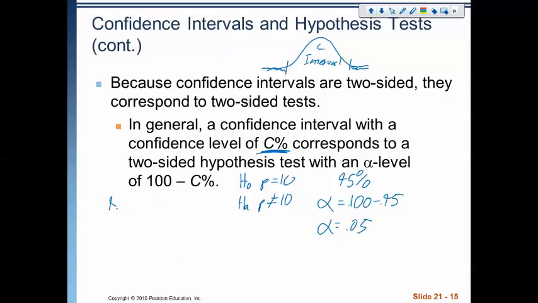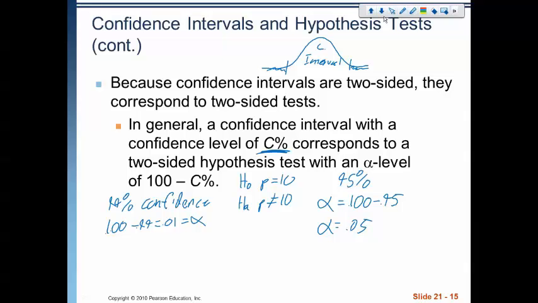If it's 99% confidence, then we take 1.0 minus 0.99. I put that in the wrong spot over there; it's supposed to be 1.0. That would be 0.01 for our alpha value. That's on a two-sided test.